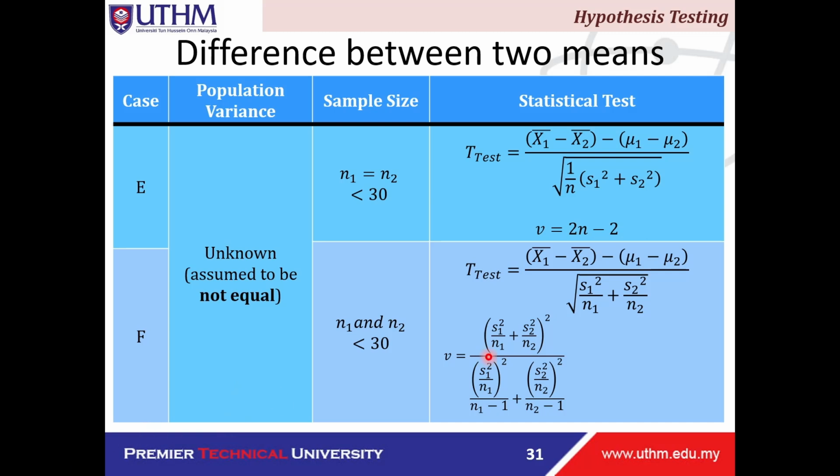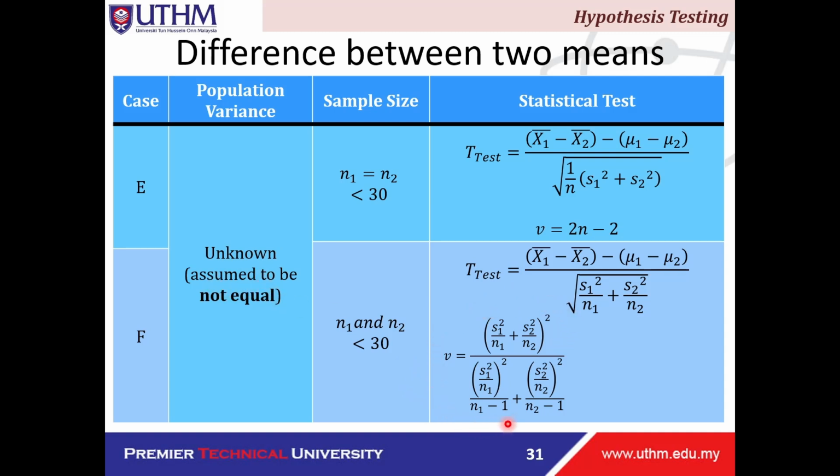However, if we use a z-test, we do not need to find the degrees of freedom. But if we use a t-test, we need to find the degrees of freedom. For case F, you have to calculate nu using this formula, where the population variances are assumed to be not equal.